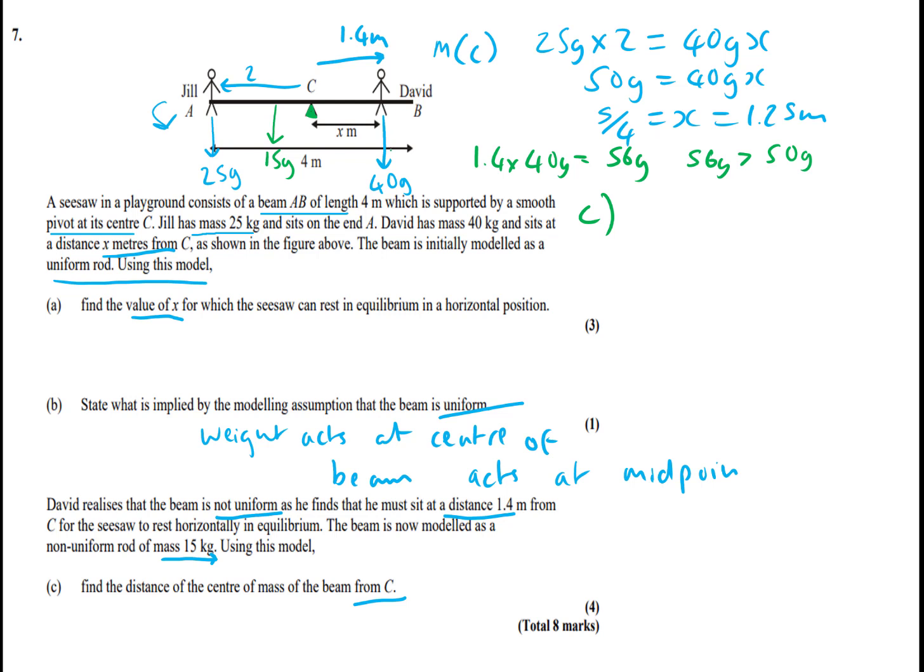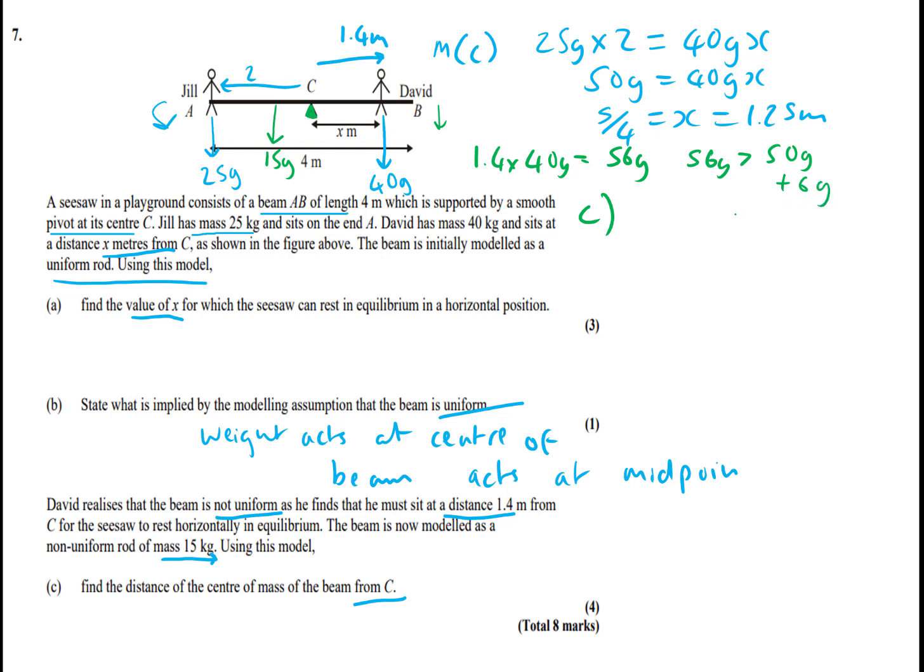So this will pull this seesaw down, but it's still in equilibrium, so the seesaw is still in the middle, the pivot is still in the middle, so this weight must be here to get the extra 6g.